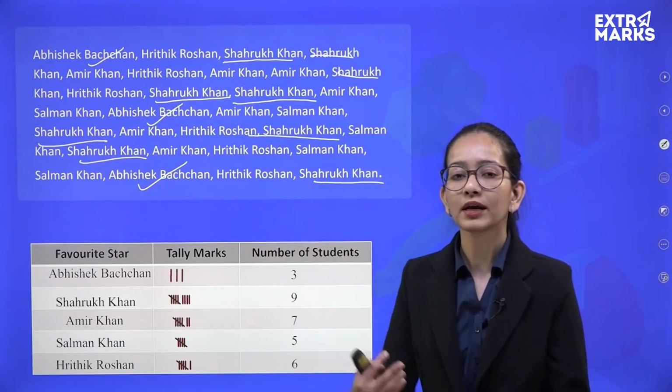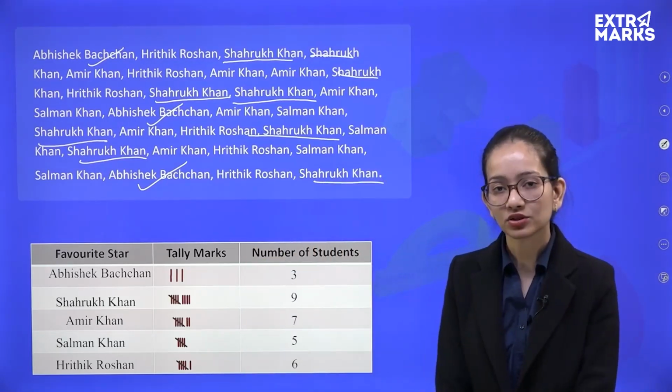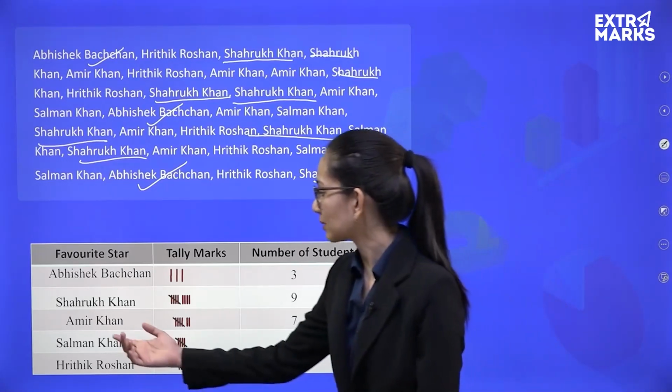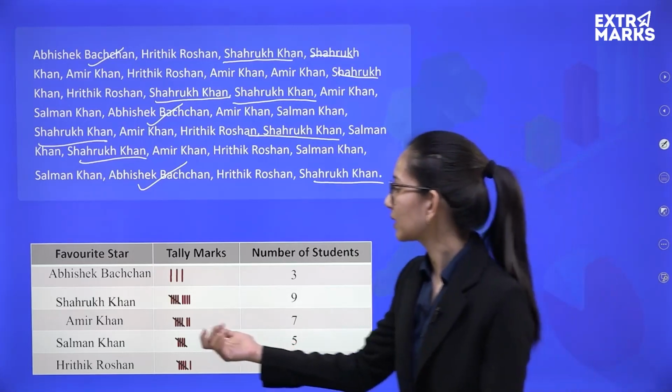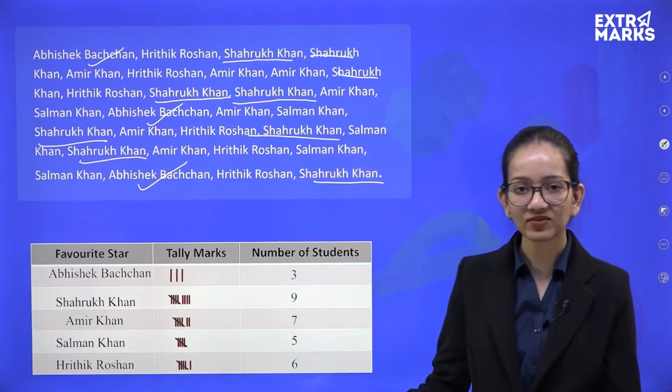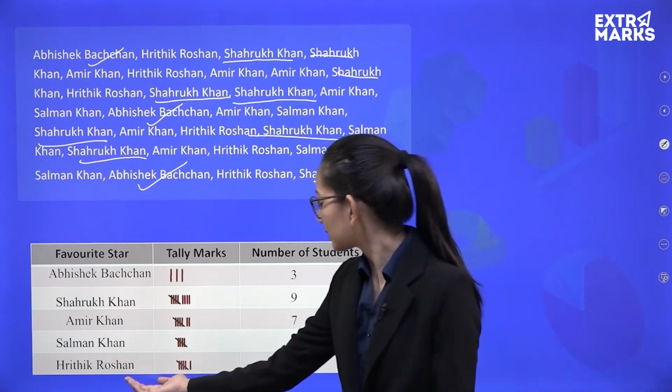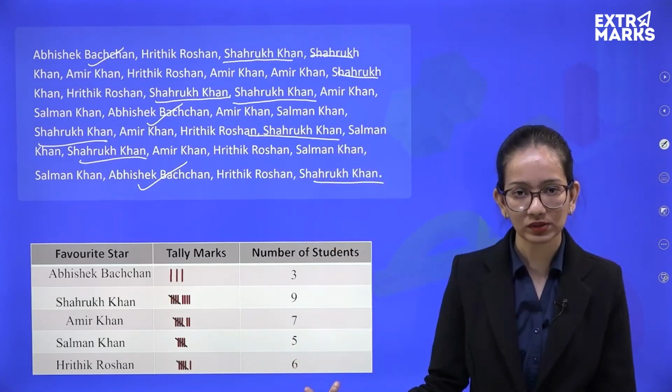So overall 9 students like Shah Rukh Khan. Similarly, for Amir Khan we have 7 students, for Salman Khan we have 5 students, and for Hrithik Roshan we have 6 students.